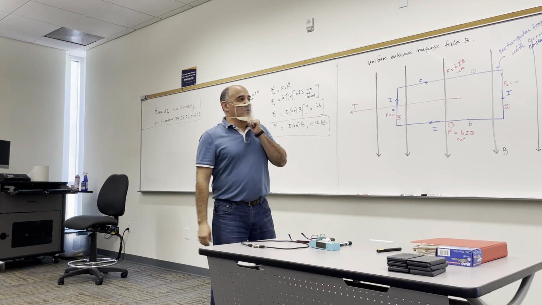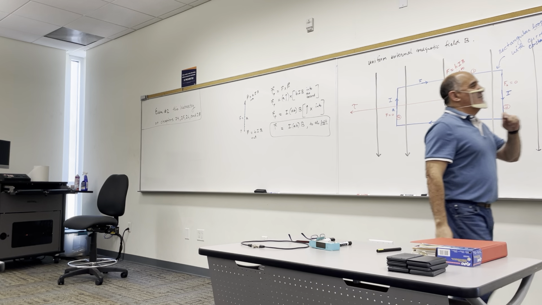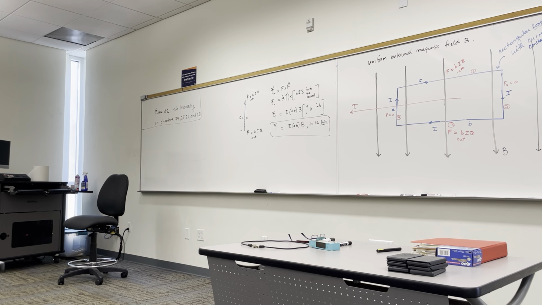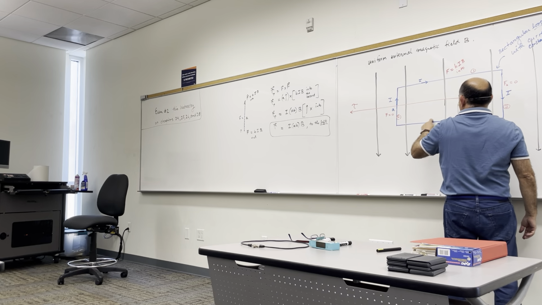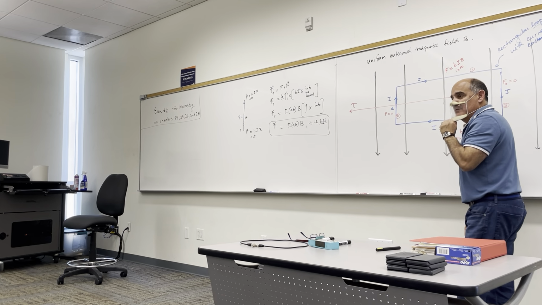Now, do you notice that we have I, the current in the loop, and B, the magnetic field that the loop is sitting in, right? The external magnetic field. And what does this represent, A times B? The area of the loop. It's a rectangle, right? If you multiply A by B, it is the area of the loop.